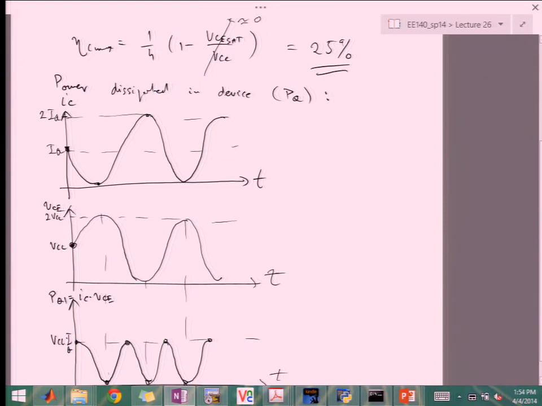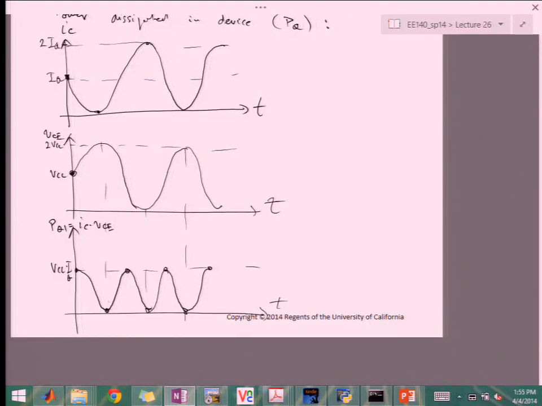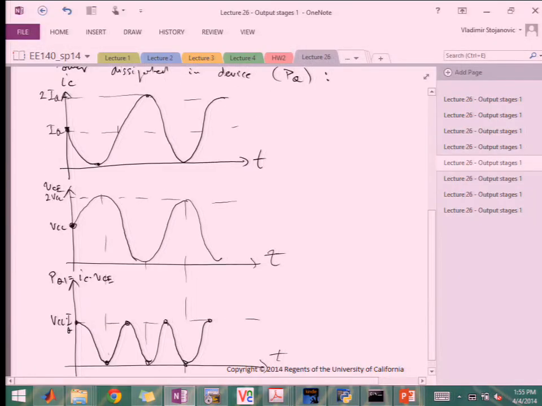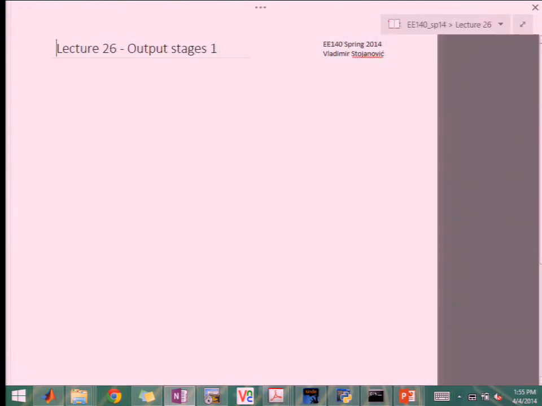So whenever the output voltage is 0, that's where you're burning the most power in the device and not delivering it to the load, right? So that's not a very good efficiency scheme.